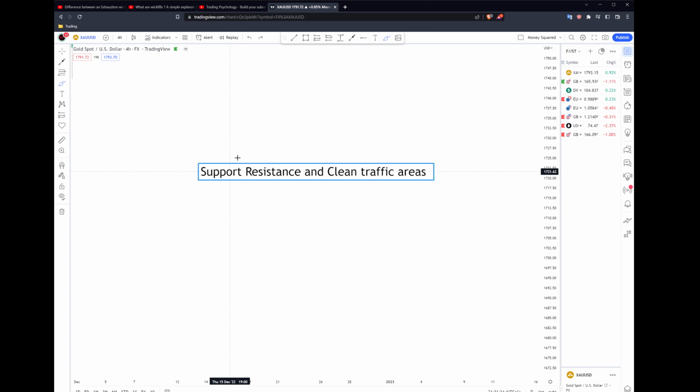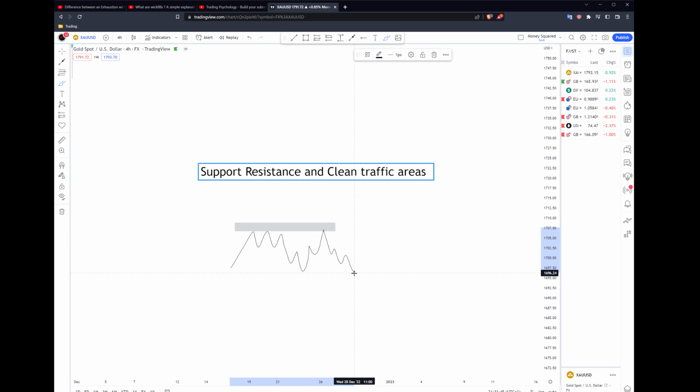Resistance is where price fails to break a certain level. Price comes again and just fails to break this level, or for example this level.